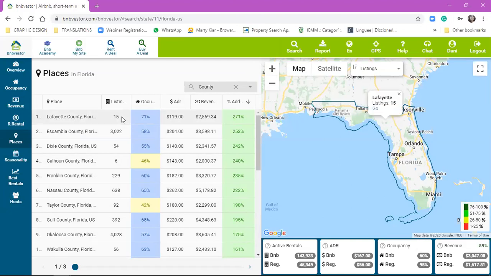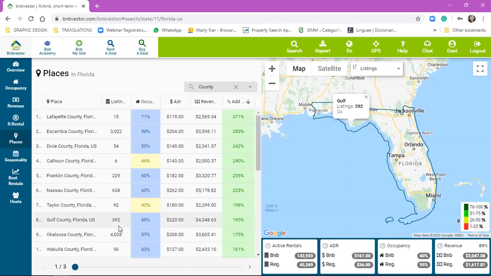But if you notice, they have 15 active BNB properties in this county, according to BNBvestor. So this is not a county that I'm going to take into consideration with the highest additional revenue. I would take, for example, Escambia. 3,000 is a more decent number.